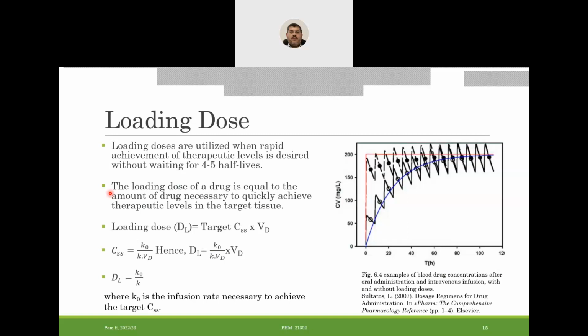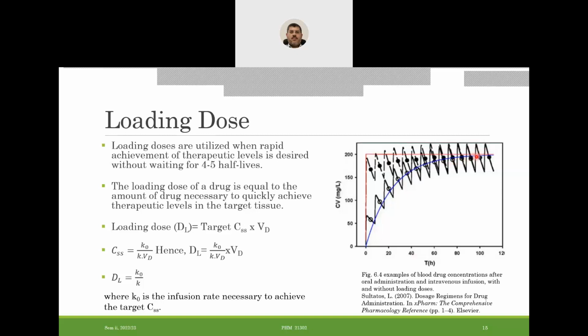Okay. Now another concept we need to know: in clinical practice, sometimes before they start the infusion, they will give a loading dose. So what is the purpose of the loading dose? The concept is it takes about 5 half-lives to reach 96% of the steady state concentration. For some drugs that have a long half-life, this can be a long time, maybe 2 days.